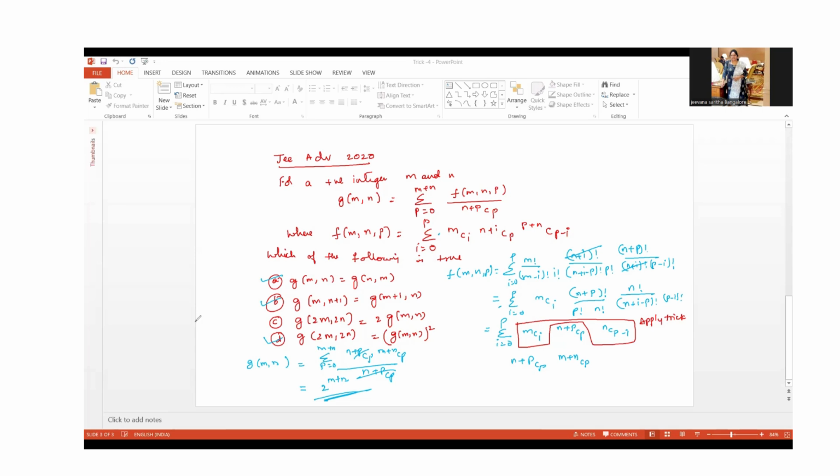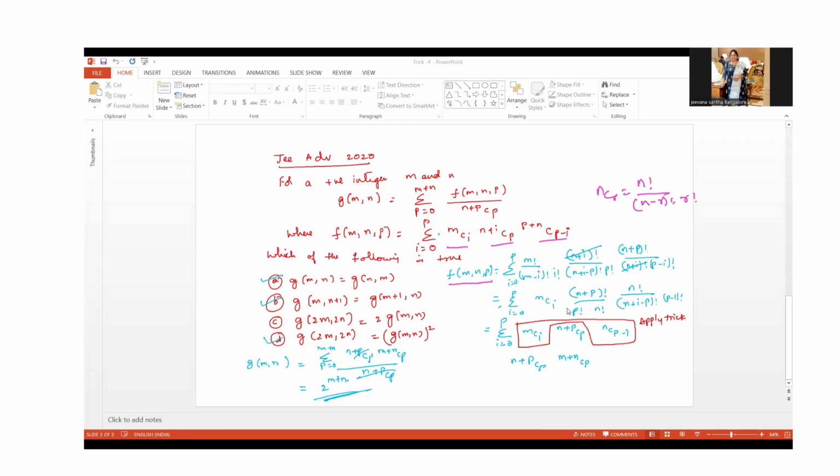Now we first simplify f of m, n, p using the regular definition nCr is equal to n factorial by (n minus r) factorial into r factorial. For all three binomial coefficients, we apply the definition first, and then whatever is possible, we cancel.